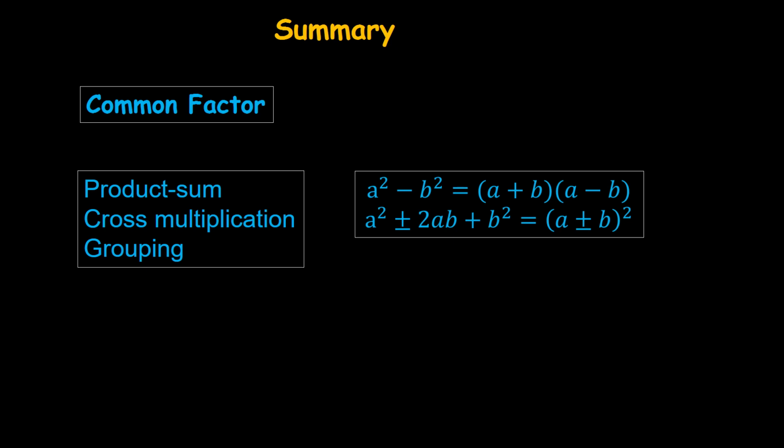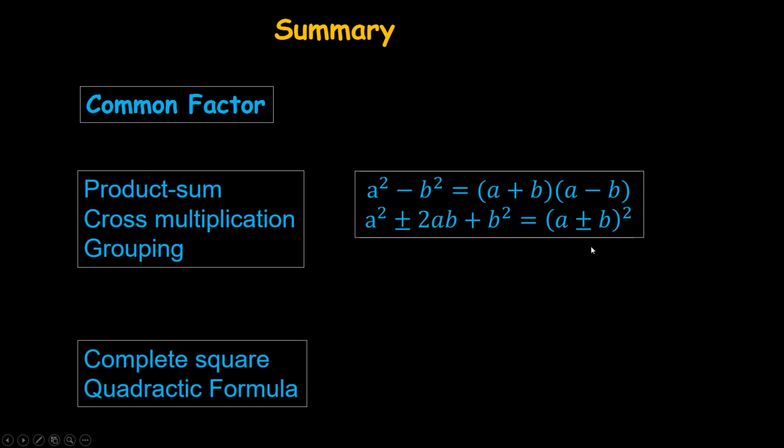Then you try to find out which of the factorizations can give you the factorization of the polynomial. And then in certain special cases, when the function fits into those formats, then you can use those formulas. And then if none of those work, then we have this tool here that works for all functions. So complete square or quadratic formula. Okay, that's all.